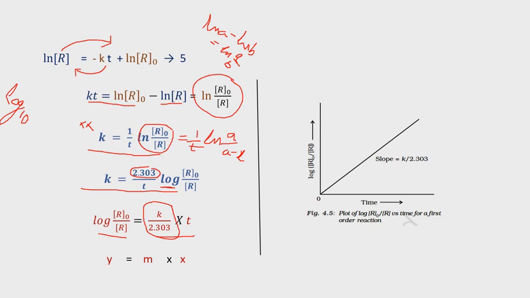What is the slope? This is a very important question. Slope equal to k by 2.303 when log is taken. But if you take ln in place of log, then your slope should be only k.